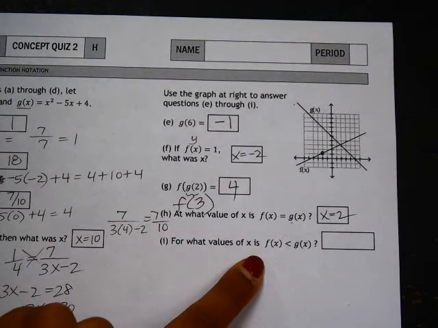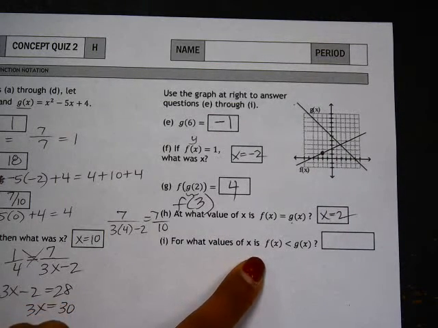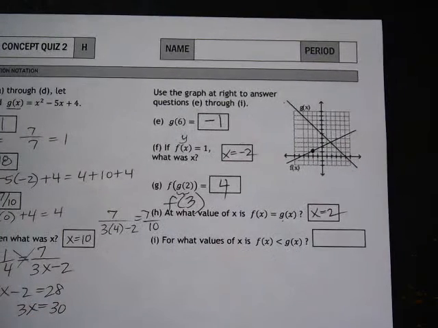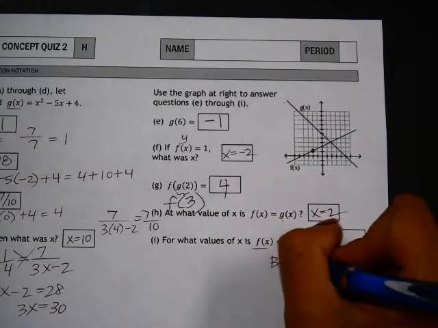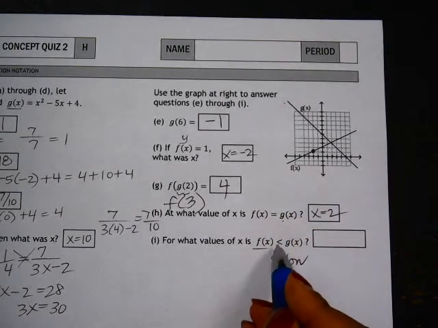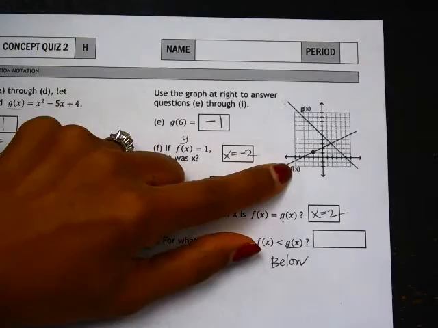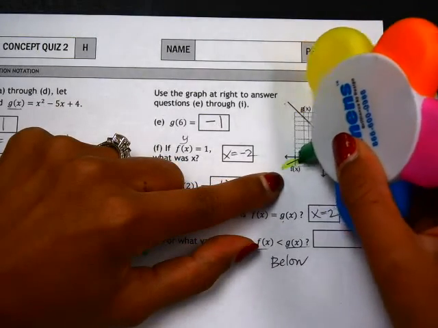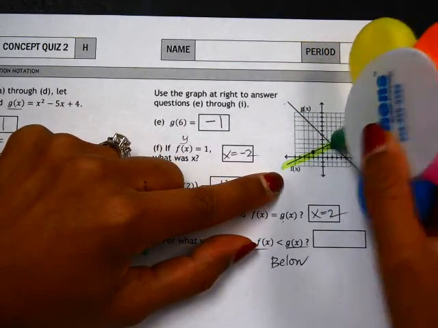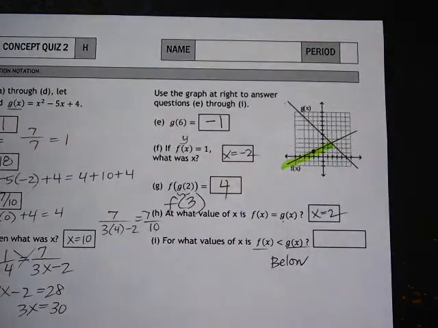For what values of x is f of x less than g of x? You may want to highlight before answering this question. Another way to think of this is f of x is below, because it's less than, g of x. So I'm going to highlight the portion of f of x that is below g of x. From here to here, the graph is below g of x.